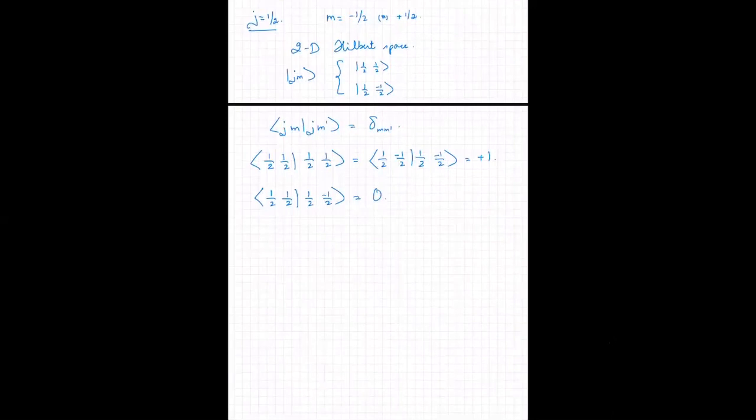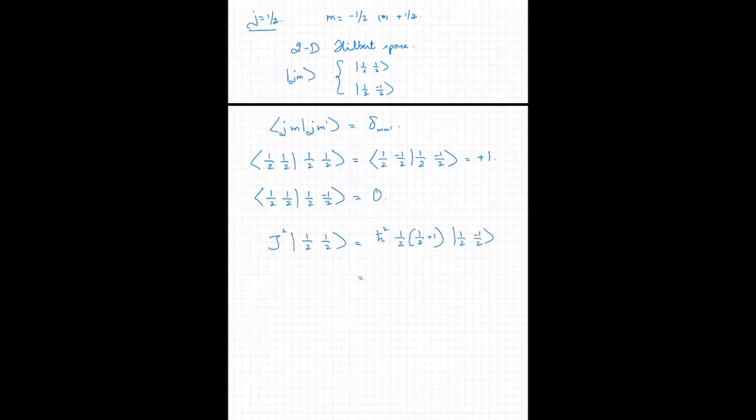J square and J3 are actually very simple matrices in this Hilbert space because the |j,m⟩ are already the eigenvectors of J square and J3. So in other words, J square acting on |1/2,1/2⟩ is h bar square times j(j+1), which is 1/2 into 1/2 plus 1, times |j,m⟩. And similarly, J square acting on |1/2,-1/2⟩ is also the exact same eigenvalue because J square doesn't care about what m we are talking about.